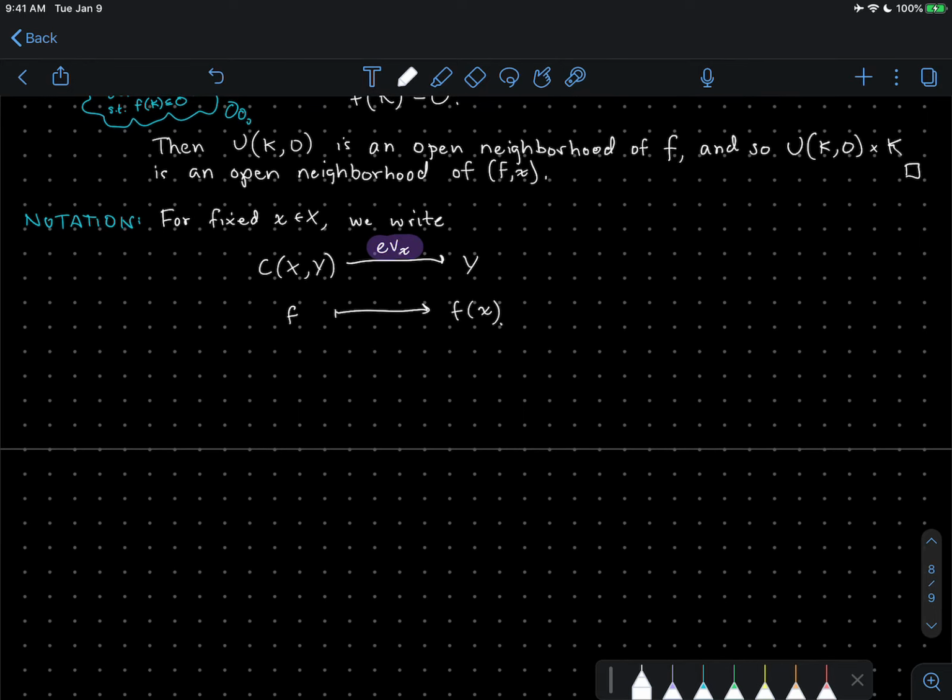Secondly, if we're given a function from the product X cross Y to Z, and say this is f, then we'll write f sub x for the function that takes little y to f of (x, y).